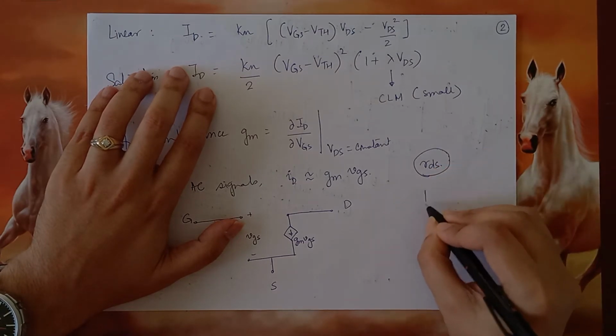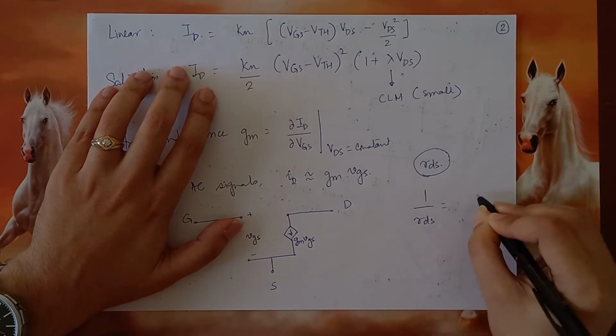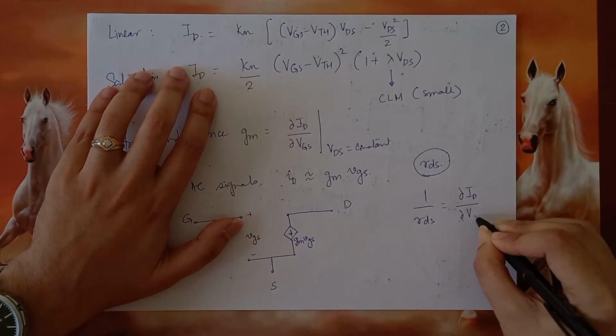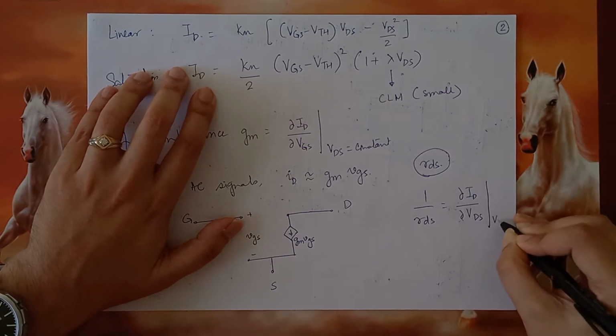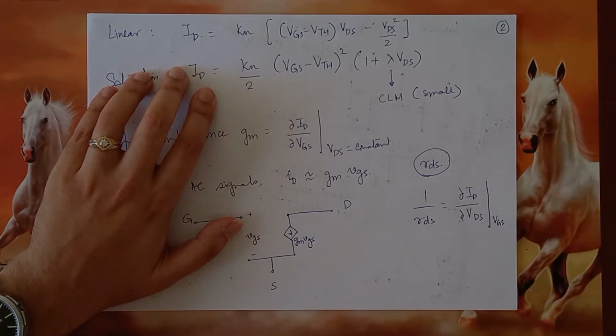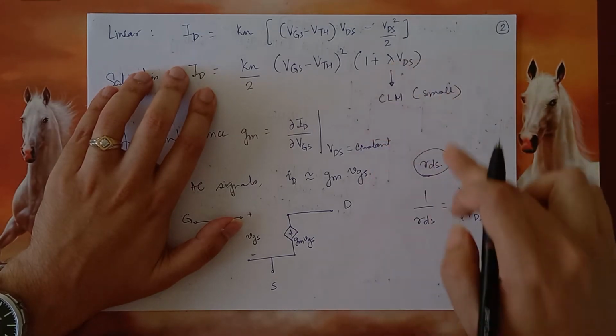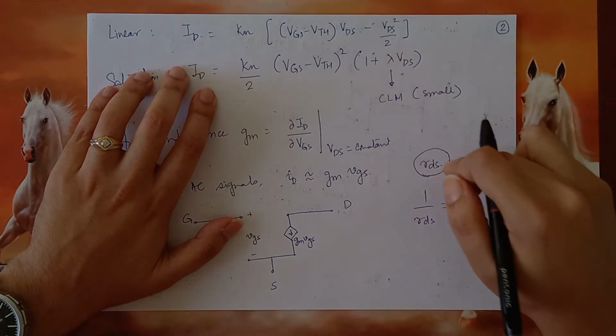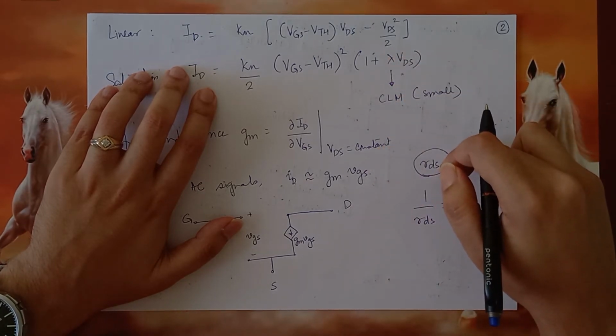So therefore I can say 1 by RDS is equal to the differential of ID with respect to the differential of VDS for constant VGS. So if lambda is 0, the RDS will tend to infinity. But if lambda is finite, the RDS would also be a finite value.